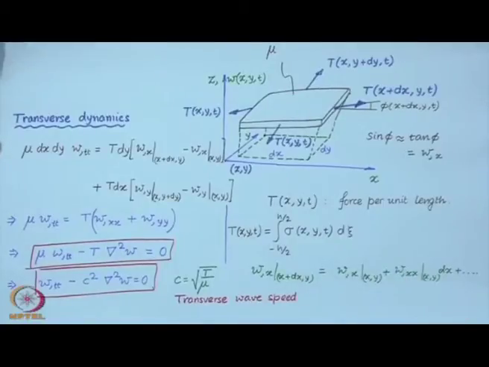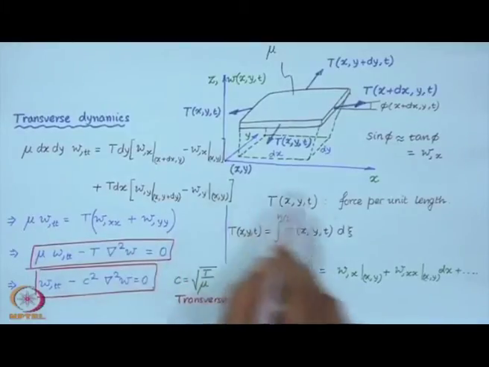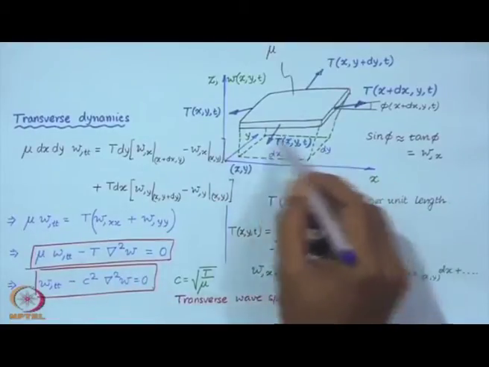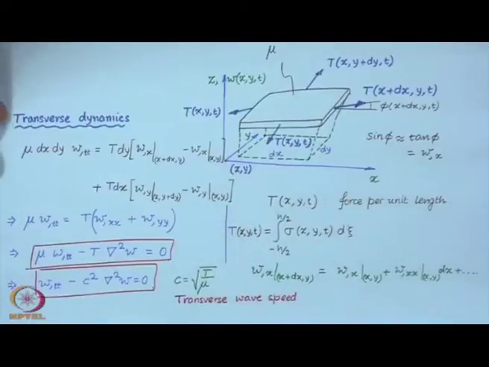Now, you see that here we have double derivative in x as well as y. So, we would require boundary conditions on these edges. So, let us look at the boundary conditions.